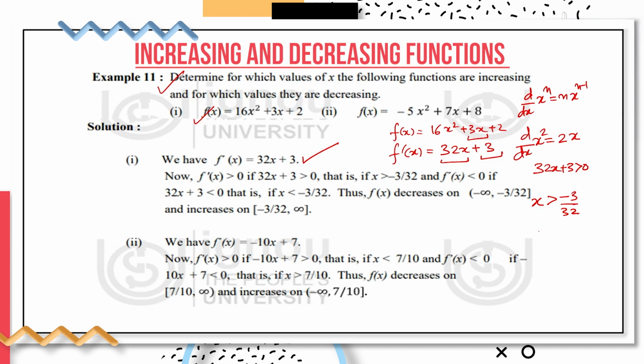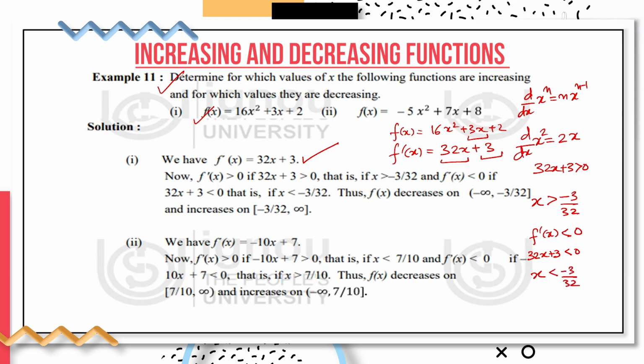For f'(x) to be less than 0, that is the region for which it is decreasing, 32x + 3 should be less than 0, that means x should be less than -3/32.